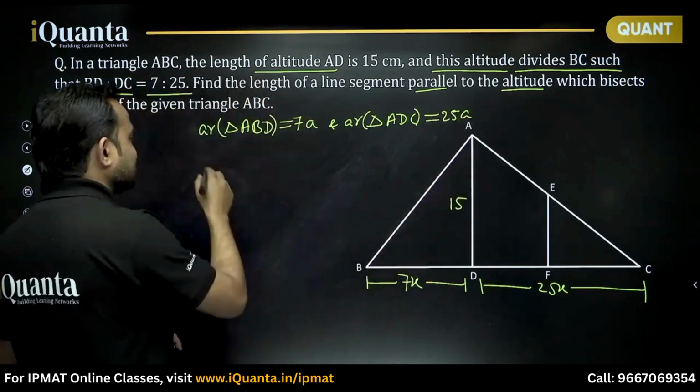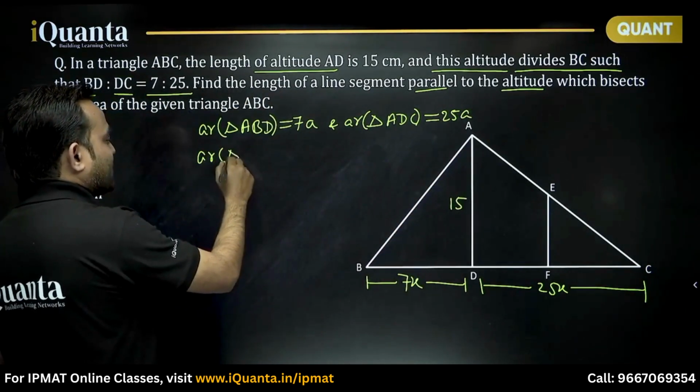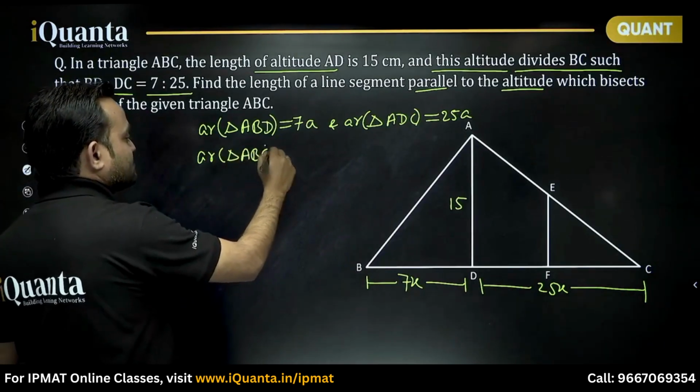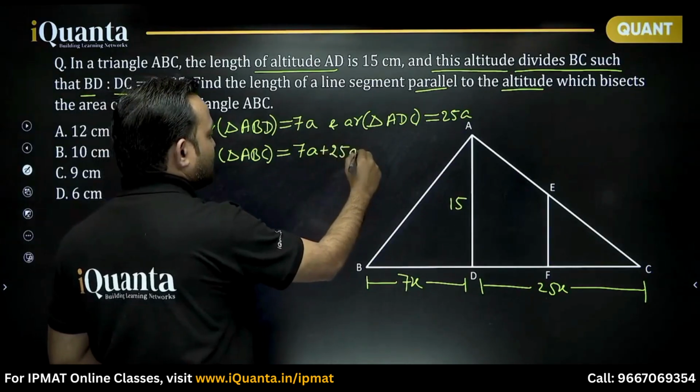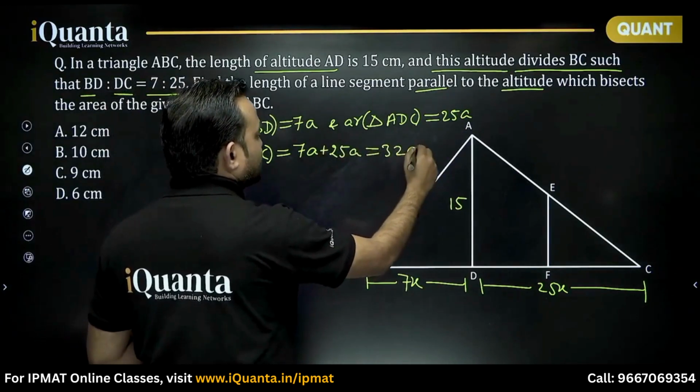In that case, can we say that the area of the whole triangle ABC will be equal to 7A plus 25A, which is equal to 32A.